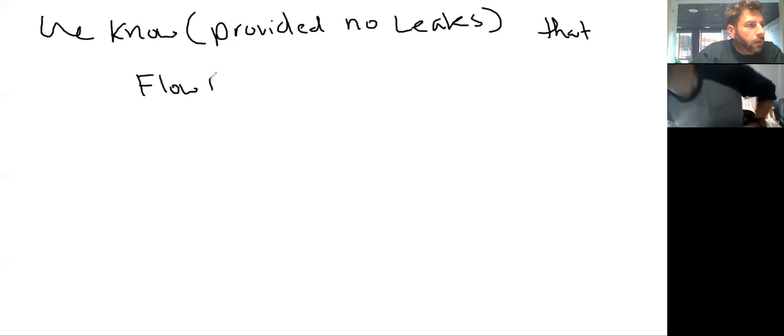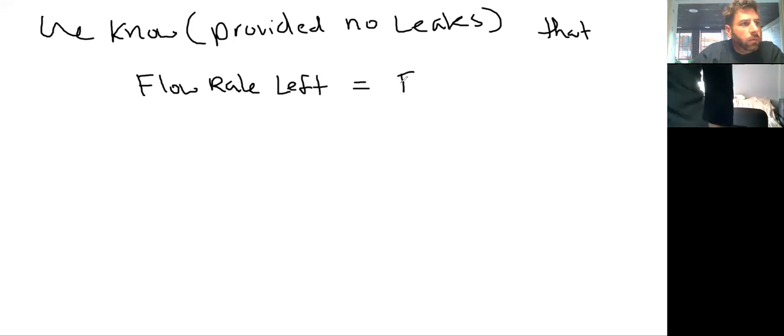Here's what we know, provided there's no leaks: the flow rate on the right and the flow rate on the left have to be equal.